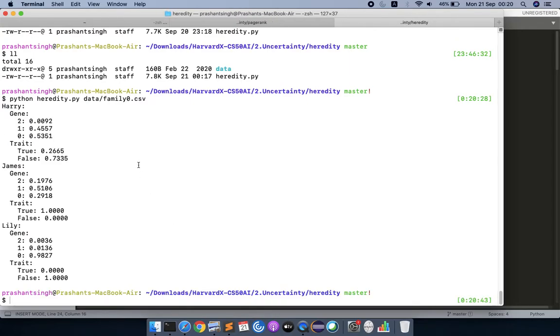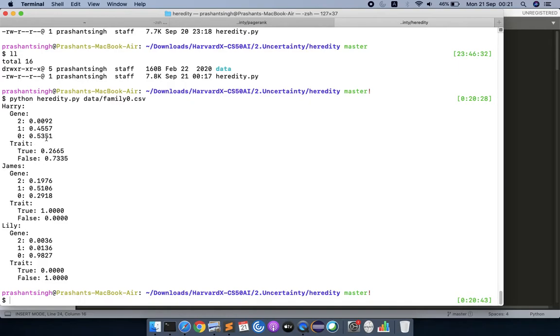So this is the output for the heredity program given the input of family 0 data. This is matching with the given data, and we can also verify ourselves.